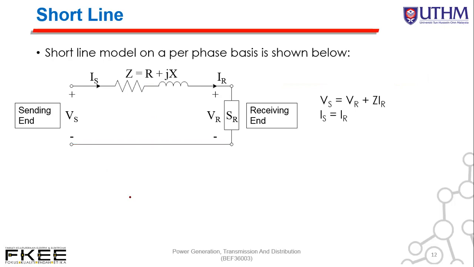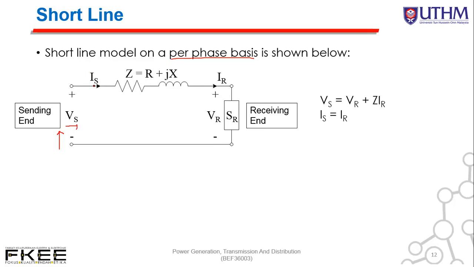The short line model can be represented on a per phase basis as in the figure below. In the common transmission line model, there will be a sending end; the starting of the transmission system is called the sending end. At the sending end there is a voltage supply, and the voltage supply goes through the transmission line.